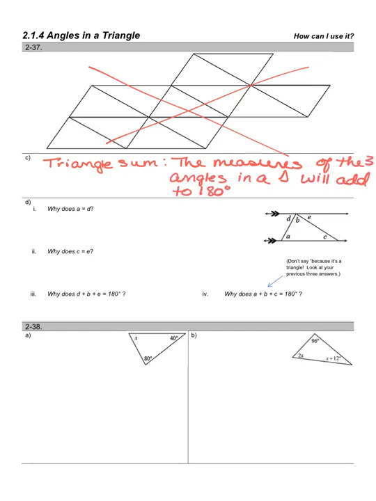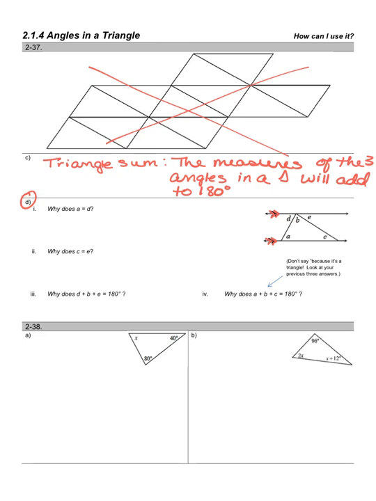What we focused on was part D here in problem 2-37, where I went through an explanation mathematically of why that's true. So we took a look at this picture here and noticed that we had a pair of parallel lines. And so we started thinking about what that means in terms of alternate interior angles, corresponding angles, all of those special angle pairs that we have with parallel lines and transversals.